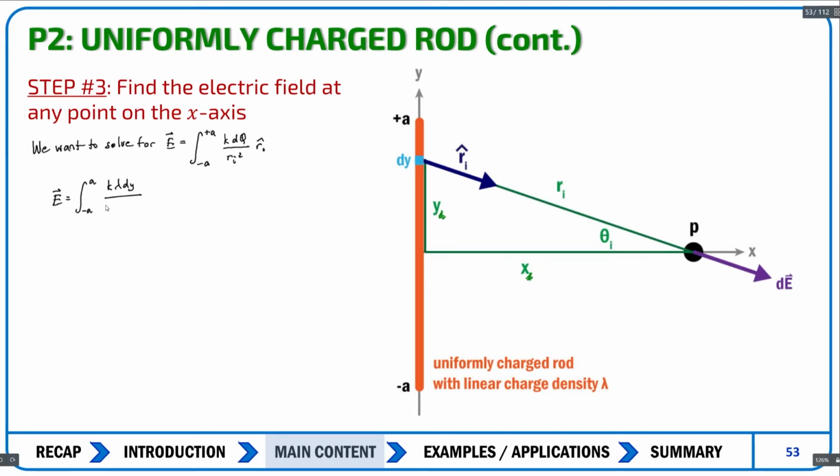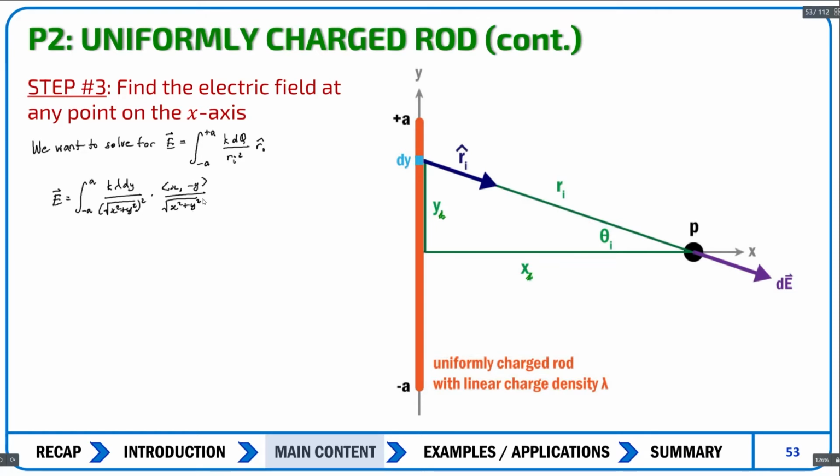So now we have r squared, which is just going to be x squared plus y squared. And then it's going to be times that unit vector, which is x negative y, and then the square root of x squared plus y squared.